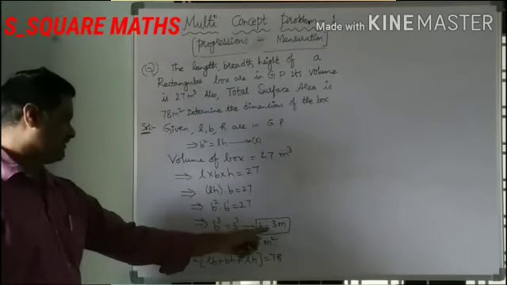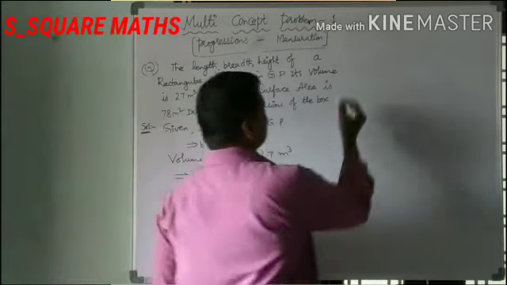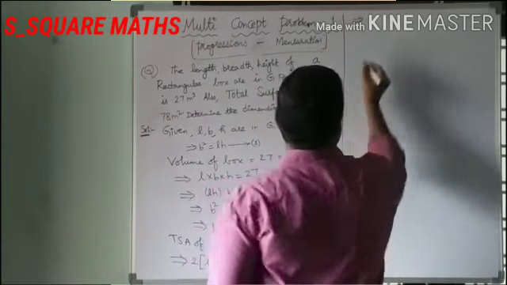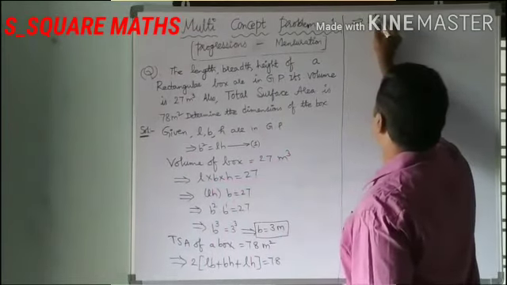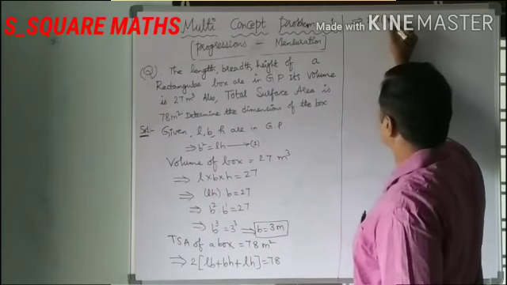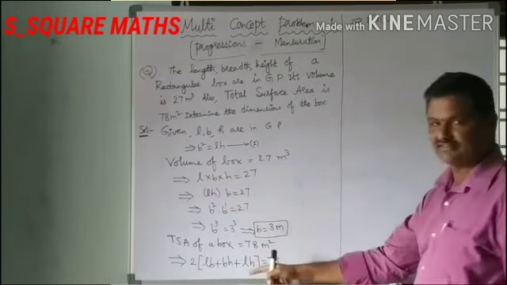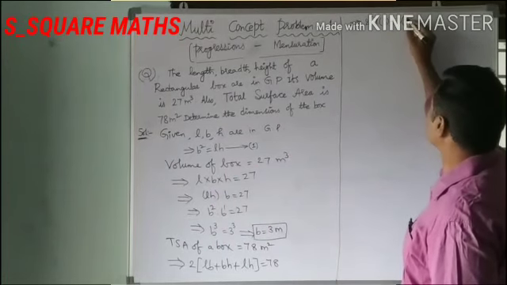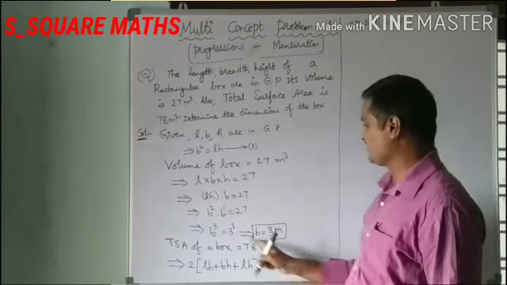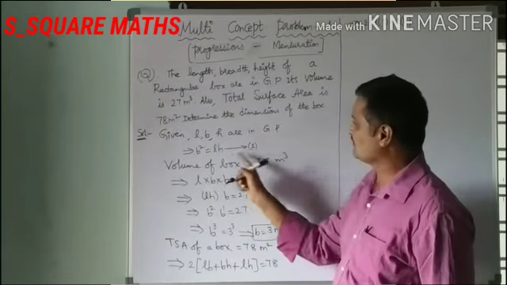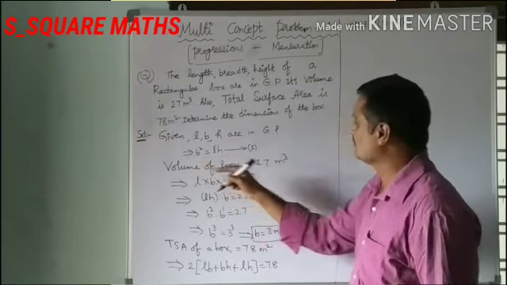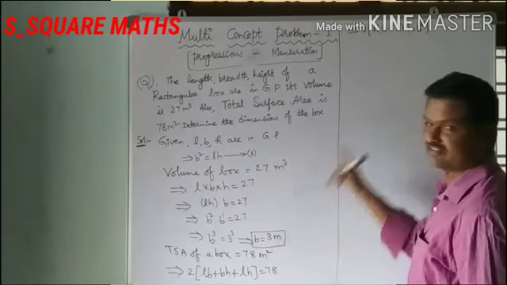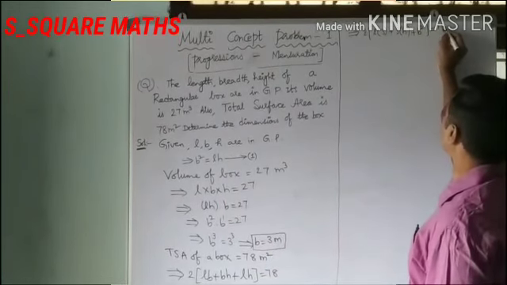So replace the B value here. So 2 into L into 3, next BH, 3 into H, and LH I can replace with B square, is equal to 78.